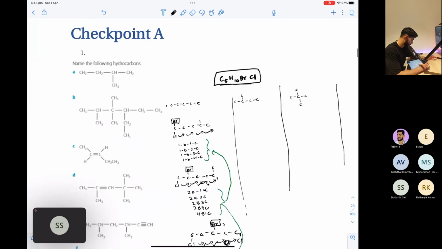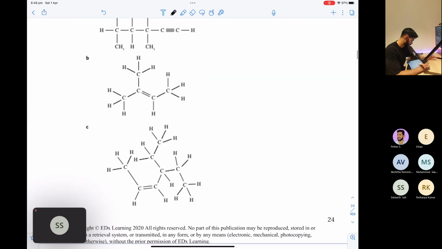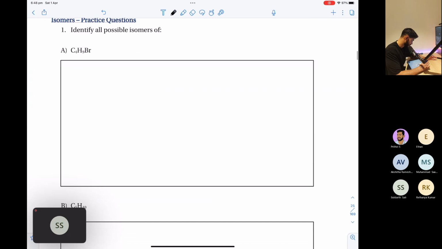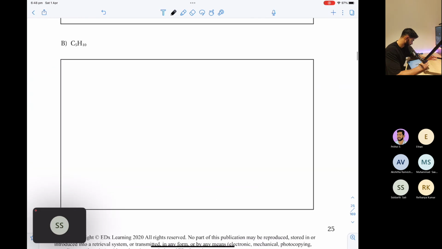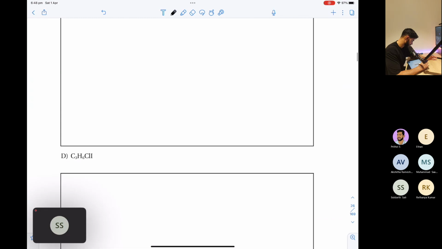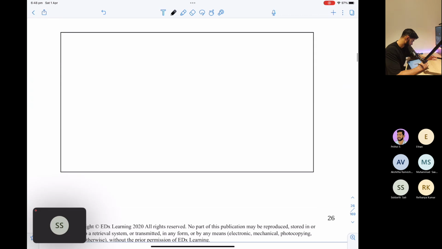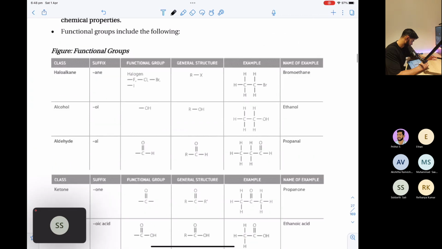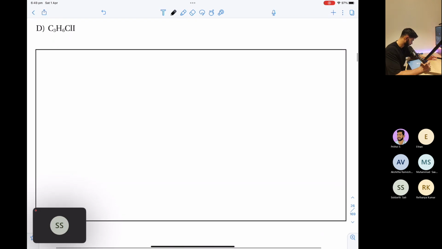All right, good. Let's do, already done this one. Can you guys try this one for me? Option D. It should be a bit easier because it's only 3 carbons.